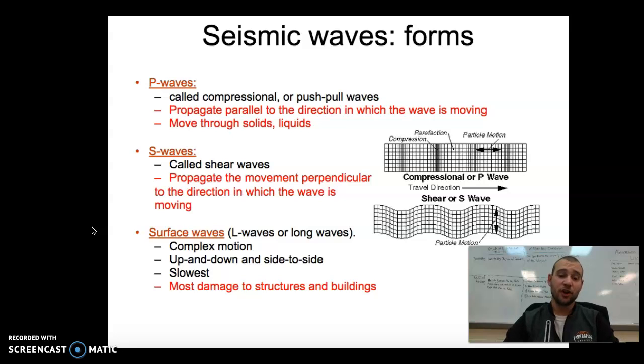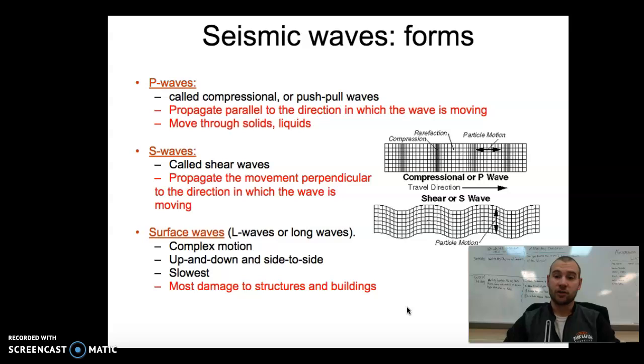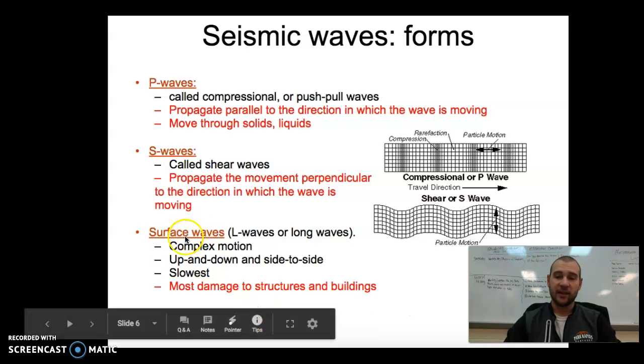For us, we just want to know that these do the most damage to structures and buildings because they're taking place on the surface. So the quiz question is, which wave type does the most damage to structures and buildings? Obviously, the answer is surface waves. So again, pause the video here and jot down some more key terms. A lot of definitions today, when we're covering the basics.